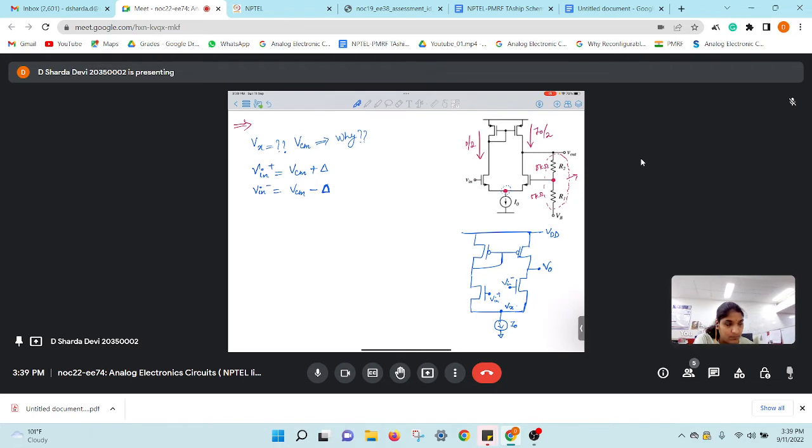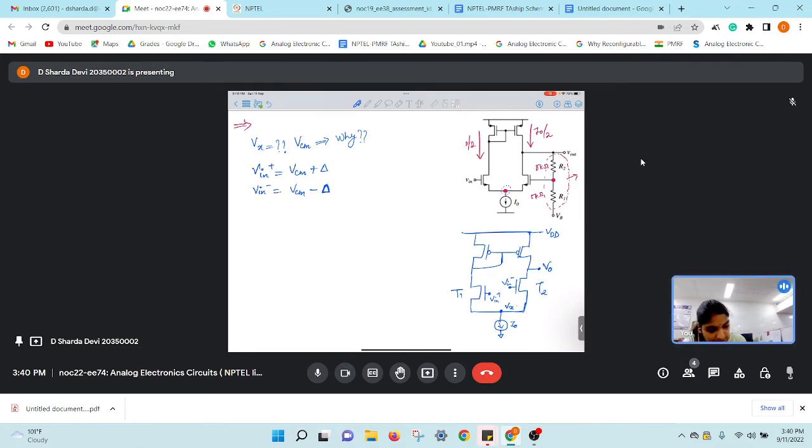When Vx is Vcm, in the left side the current will be Vcm plus delta V minus Vcm divided by resistance, and that same current will go from down to upside. That means in that down branch the current will be 0.